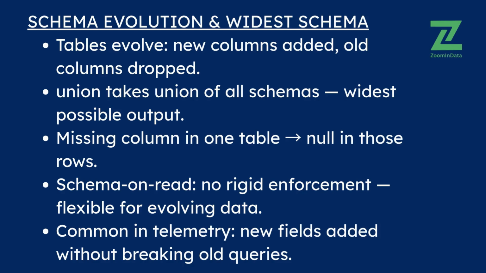This is pure schema on read flexibility, no rigid schema enforcement like traditional databases. It's perfect for telemetry and logs where new fields, like new event properties, are added continuously without breaking historical queries. Union gracefully merges old and new without forcing schema changes.